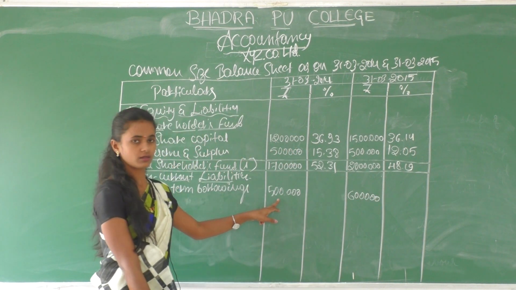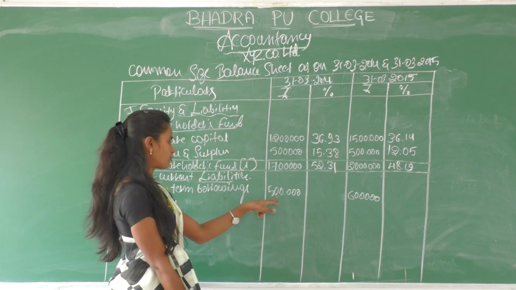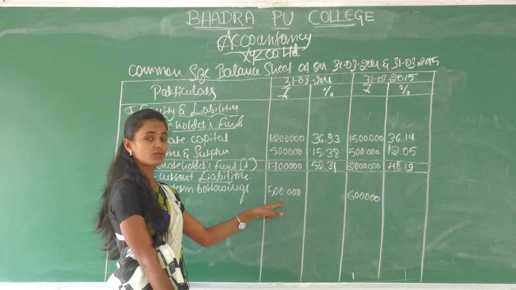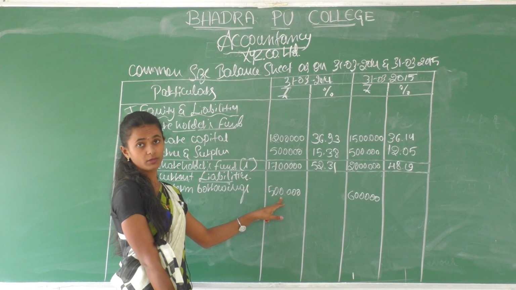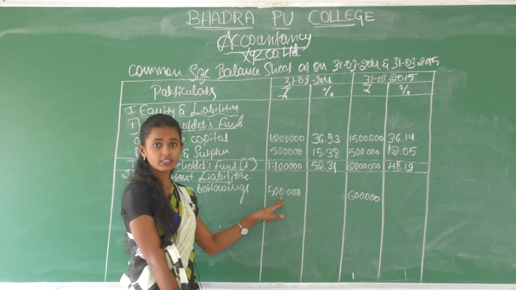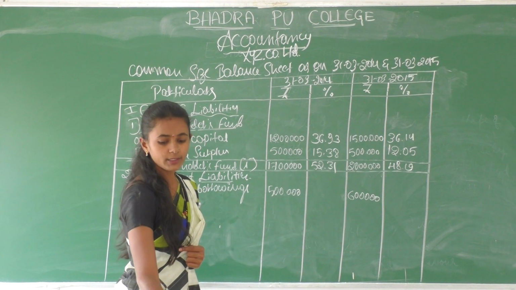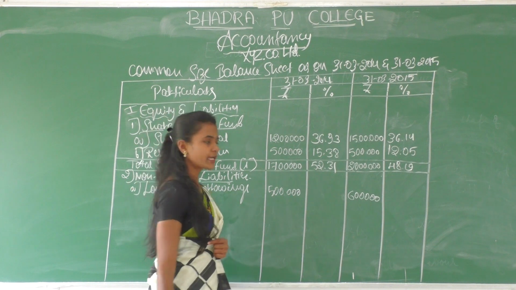Again come back to the calculation. Long term borrowings in case of 2014 is 5 lakh divided by our common value 32 lakh 50,000 into 100, then you will get 15.38 percentage.